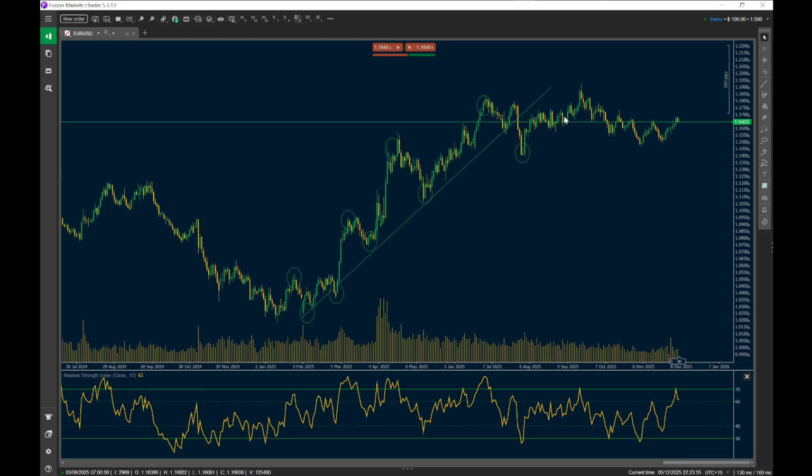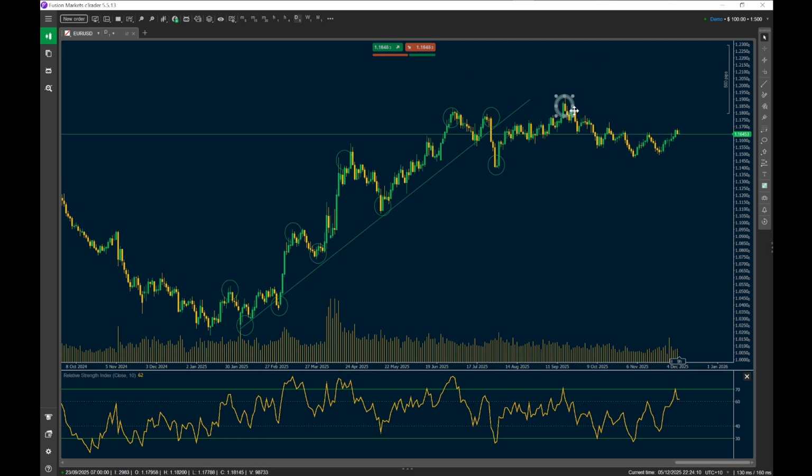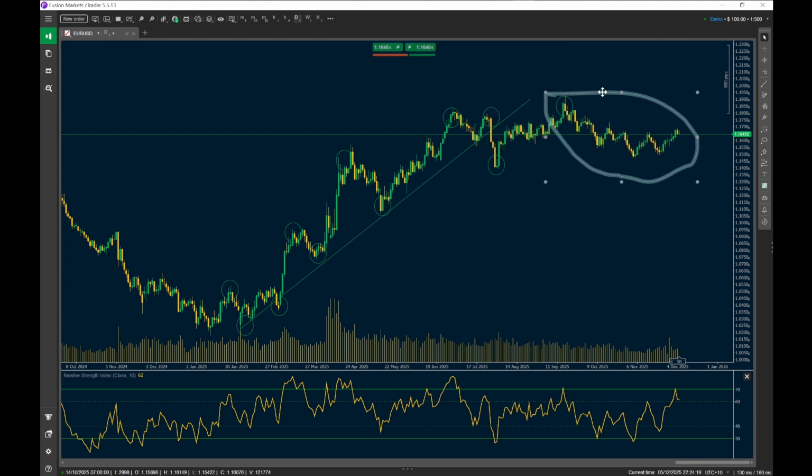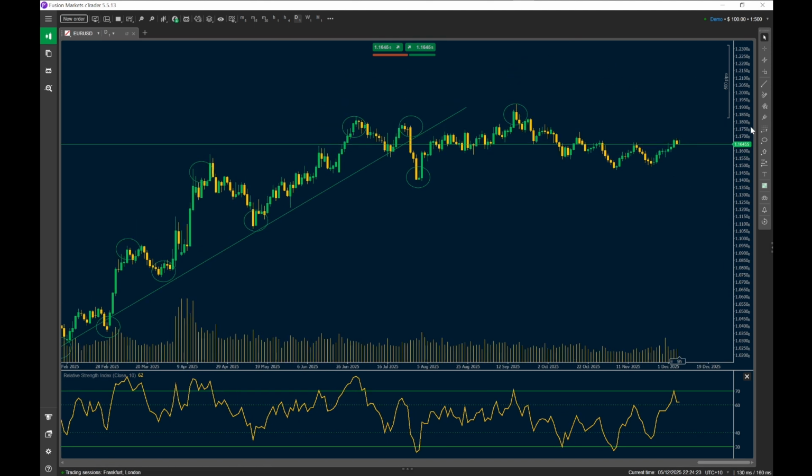Now it's going sideways. It is not making higher highs anymore. You can look, it makes a lower high here. Then it tries to break above and make a higher low, but fails, and then comes down. From this low, on this side here, the price of the euro is dropping.